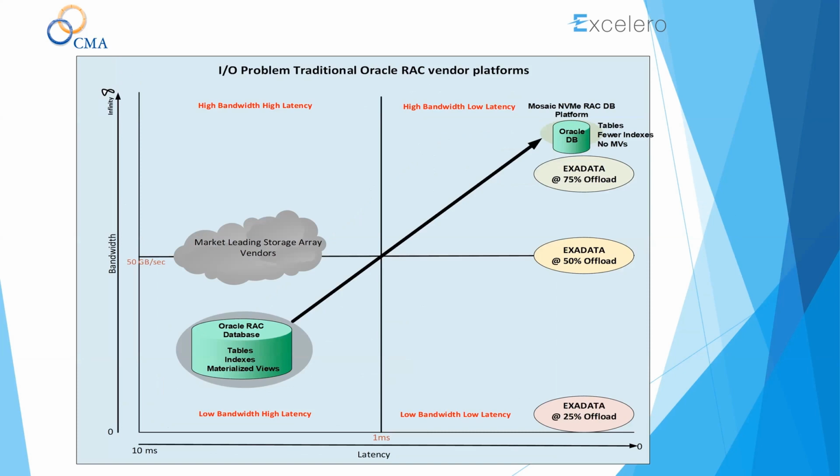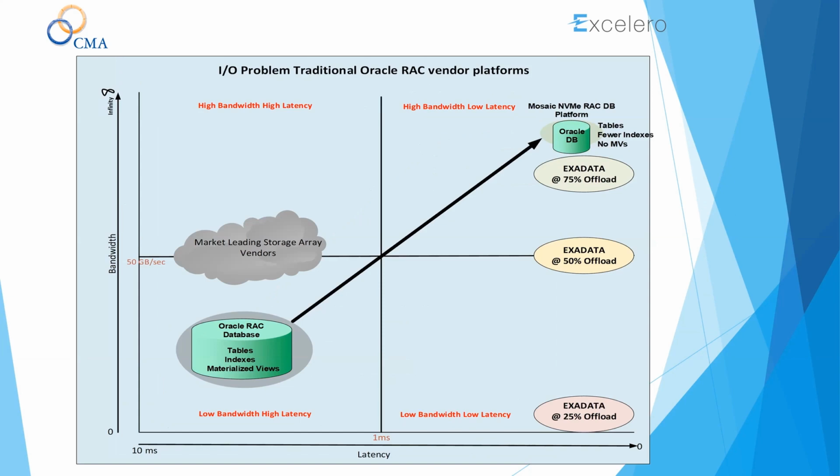If you overlay this graph and look at where the traditional platform vendors have been for the Oracle RAC platform, breaking it into 4 quadrants, most of them have been somewhere from low bandwidth, high latency to moderate bandwidth, moderate latency.